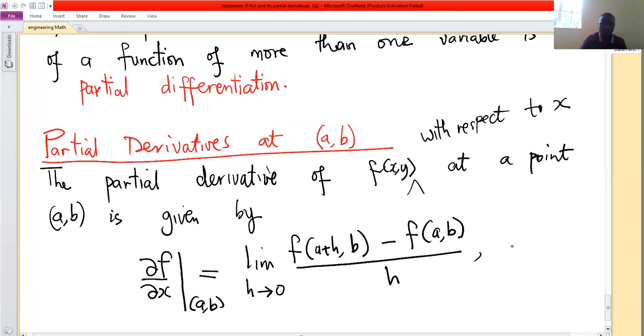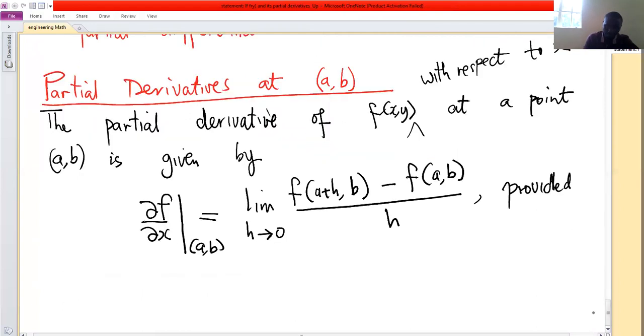And then you add the condition, provided that the limit exists.